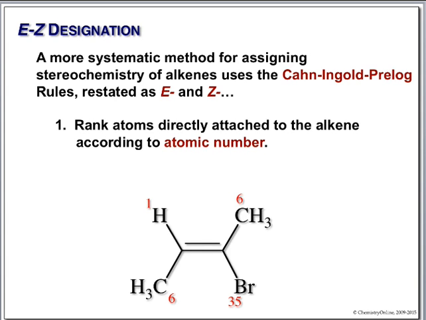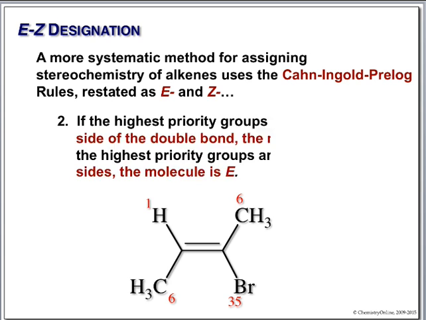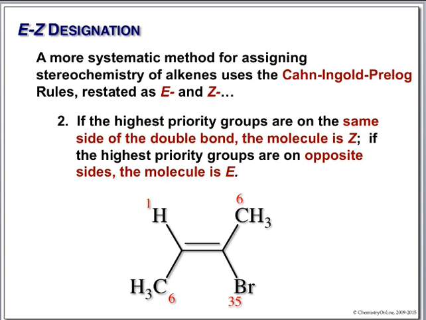All right, so now you look at the first carbon and decide which is the highest priority group. Well, it's going to be the 6, isn't it? Look at the second carbon, 35 wins. These two are on the same side, therefore this is a Z.